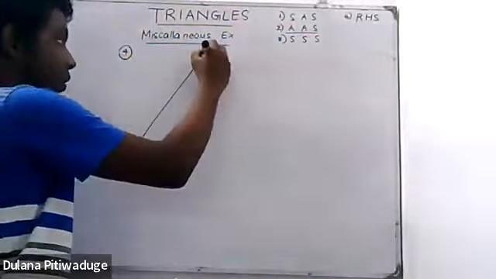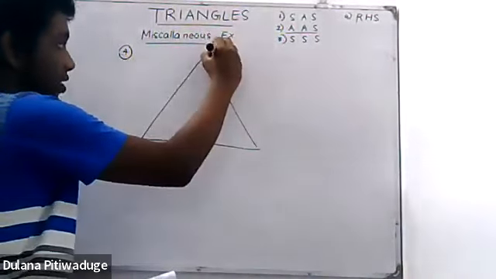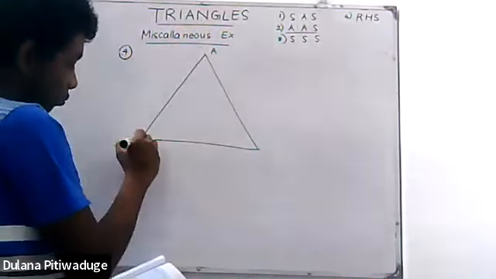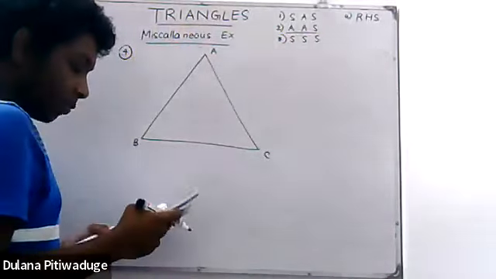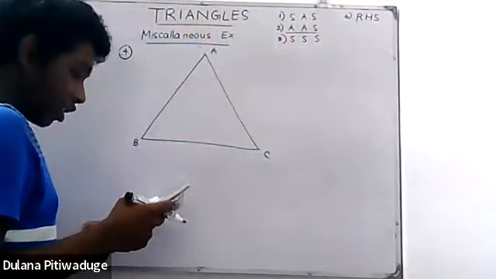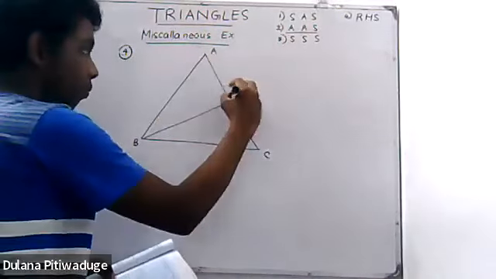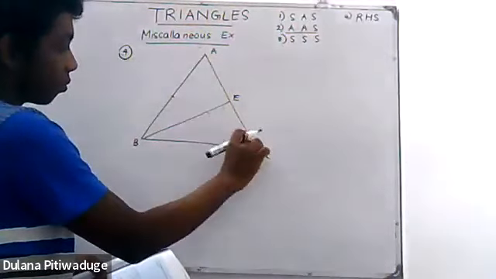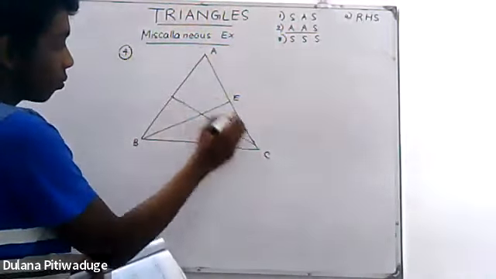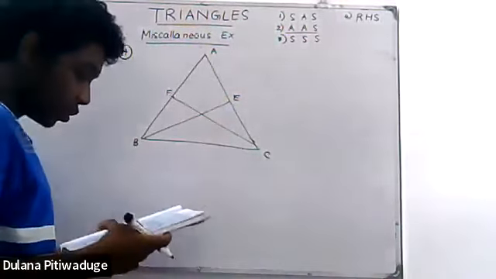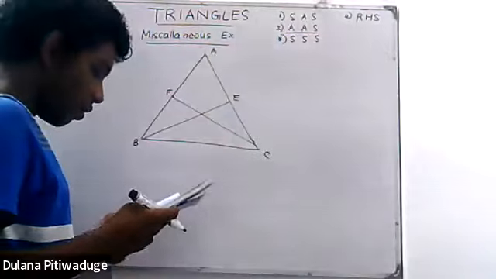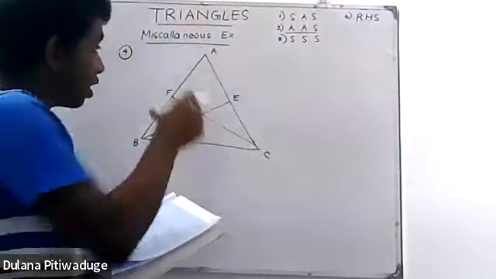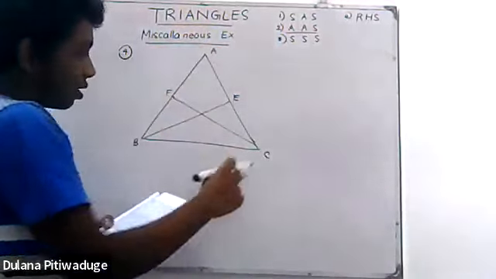So they have given an equilateral triangle ABC, and the midpoints of AC and AB are respectively E and F. Then they asked us to show that AB and FC are perpendicular.